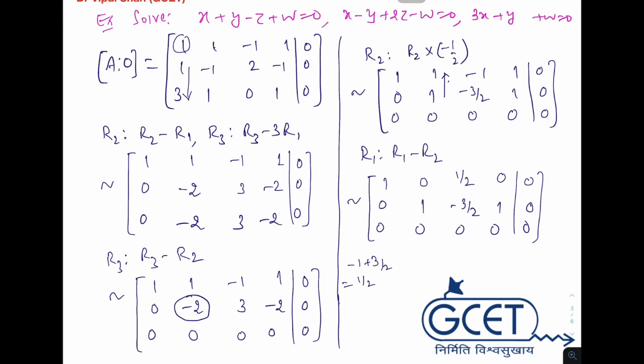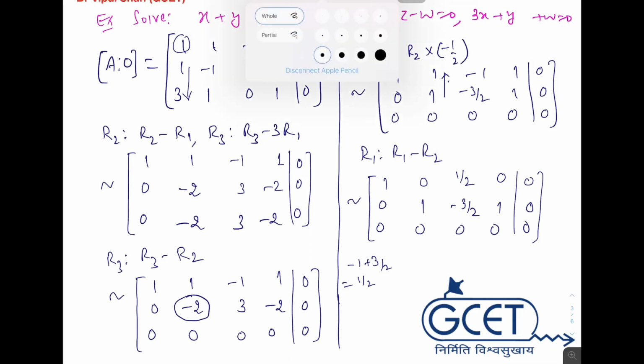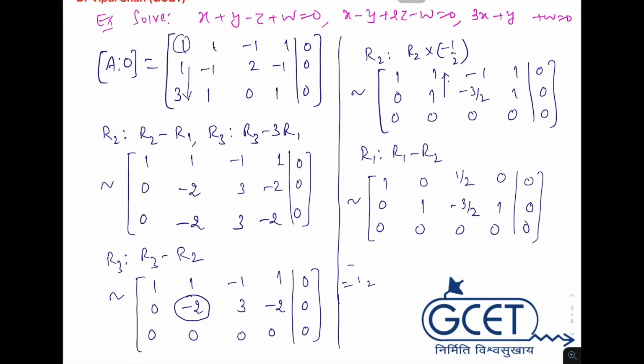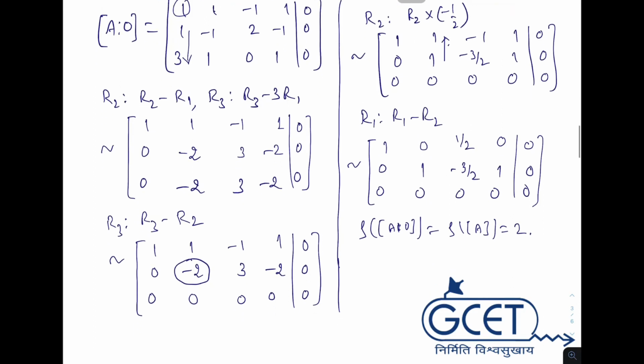Now we can see that the number of variables are 4, and here rank, we can see that the rank is 2. So here rank of augmented matrix equal to rank of A equal to 2, and number of variables are 4.